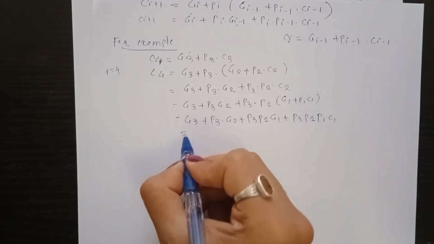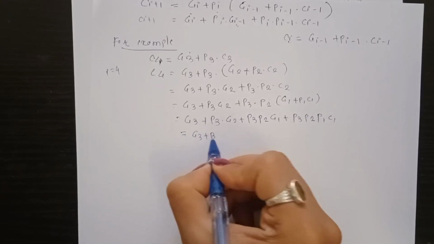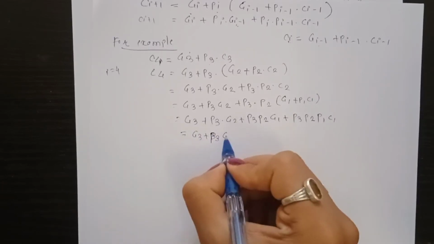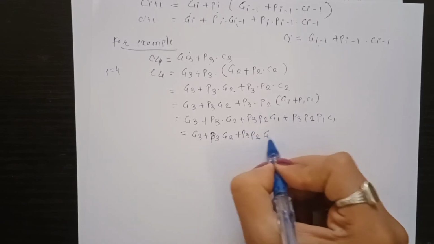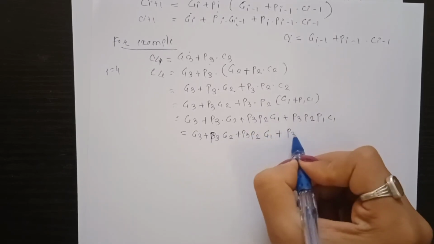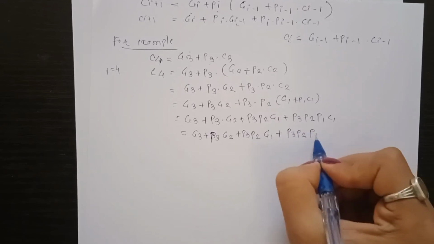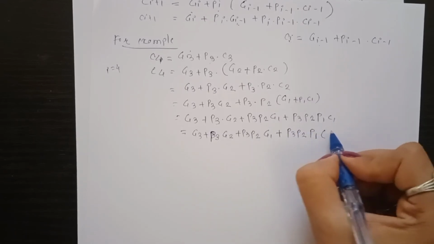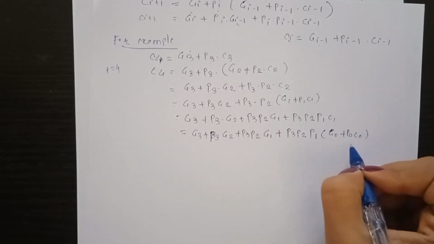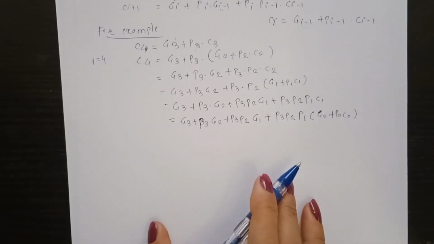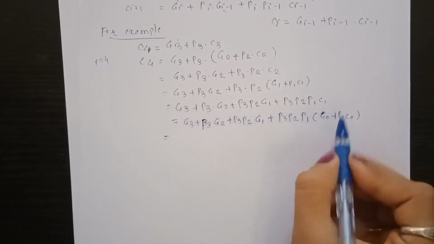Okay, then G3 plus P3 G2 plus P3 P2 G1 plus P3 P2 P1, and the C1 is replaced by G0 plus P0 into C0. Okay, and now we get C0.